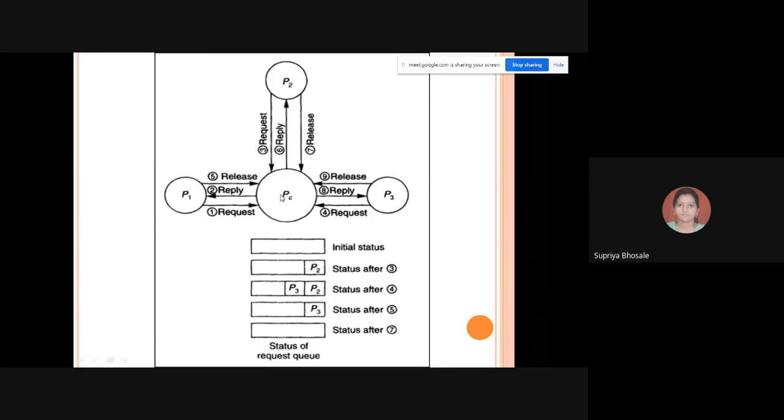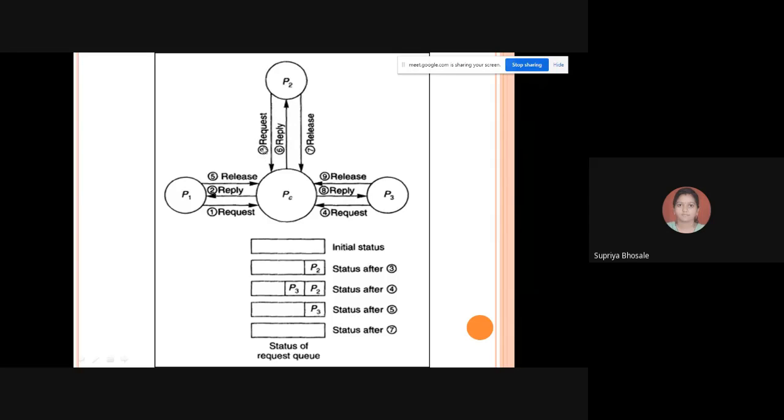So here P2 will not be granted the permission, and the exact method used to deny permission varies from one algorithm to another. That is, this particular algorithm, what it does is it will enter this request of P2 in the status queue.